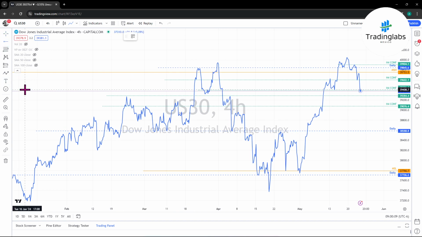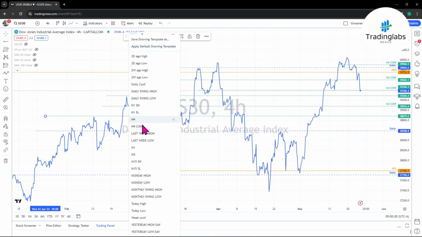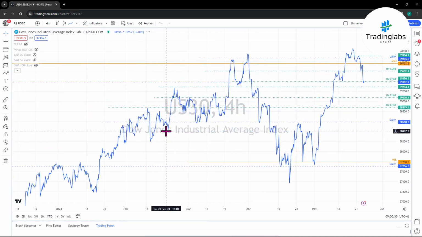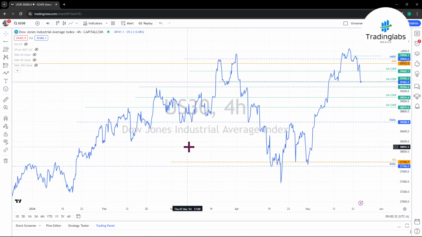Doesn't matter. The peak is higher, doesn't matter. Okay, we are charting our key levels right now.